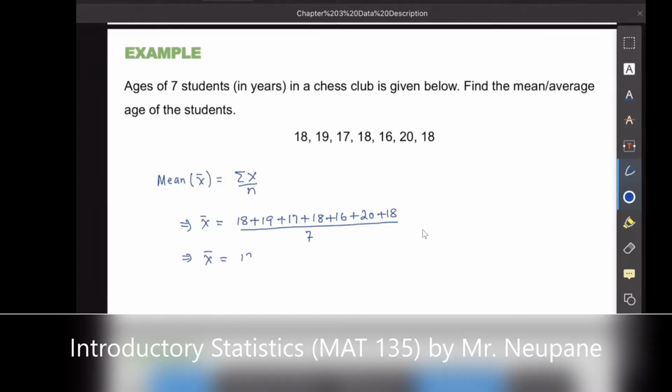Okay, 126, and we are dividing that by 7. If you divide 126 by 7, you'll get how much? 18. So the average age is 18 years. That is the average age of students in the chess club. Do you have any question in the first example? No. Okay, great. We'll go to the next example.